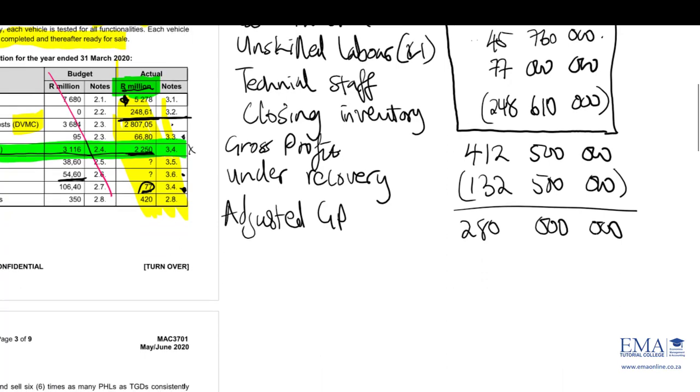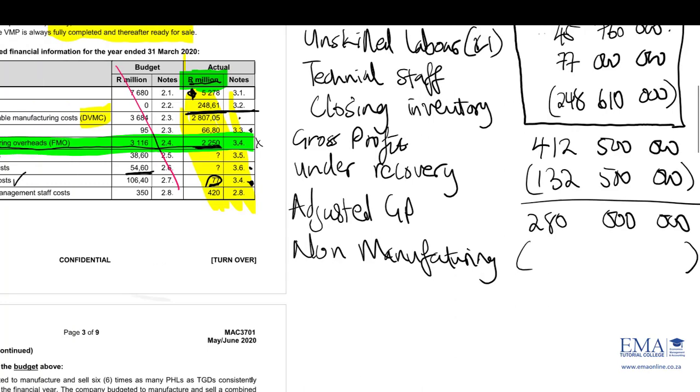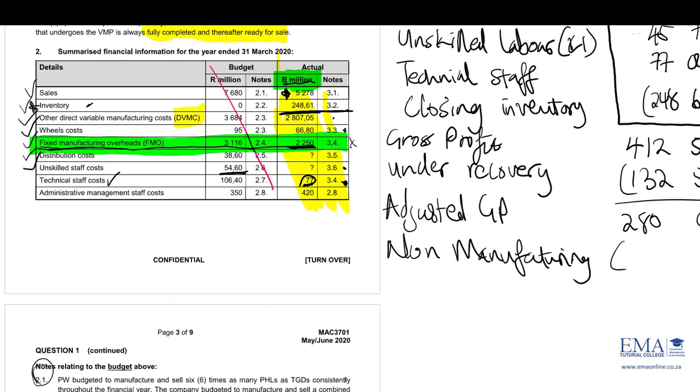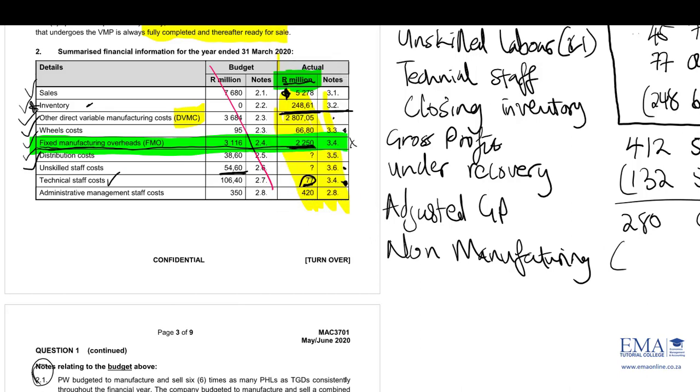Okay, so after this, now we need to subtract our non-manufacturing cost. So non-manufacturing cost needs to come here. So our non-manufacturing cost, I see here we've got distribution, which is the first one. And they said note number 3.5, there was no amount given.